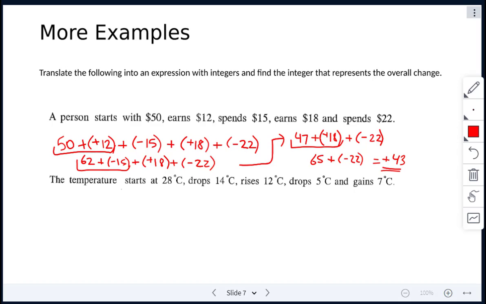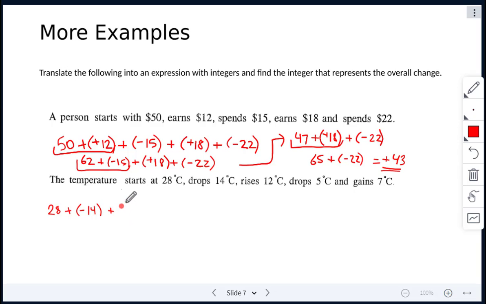All right, for this last example here, the temperature starts at 28 degrees. So we're going to start at 28. And then it says it drops 14 degrees, so plus negative 14.